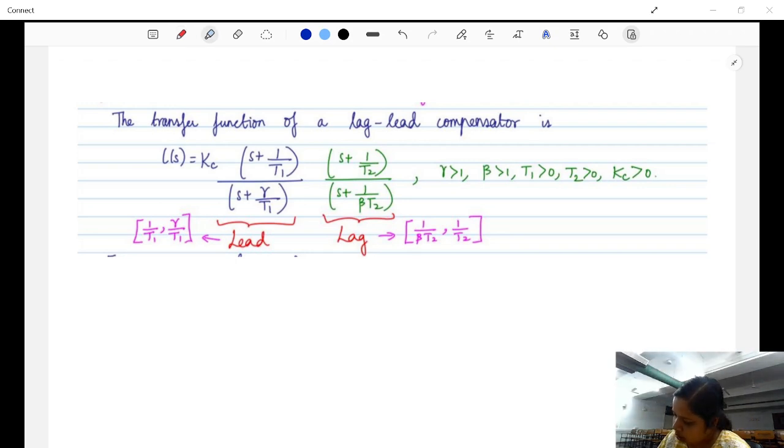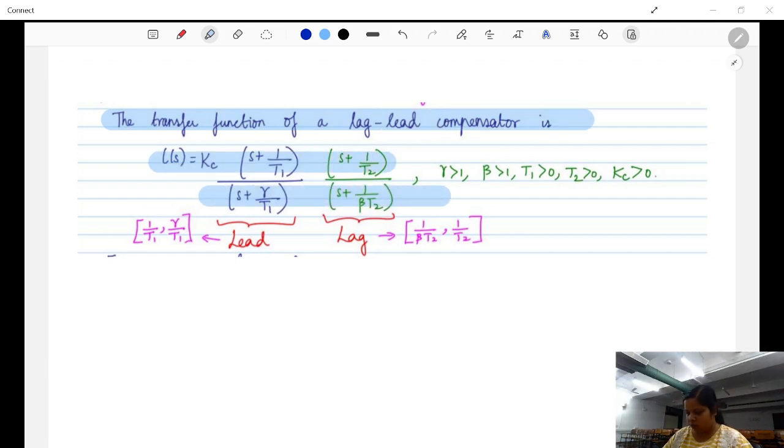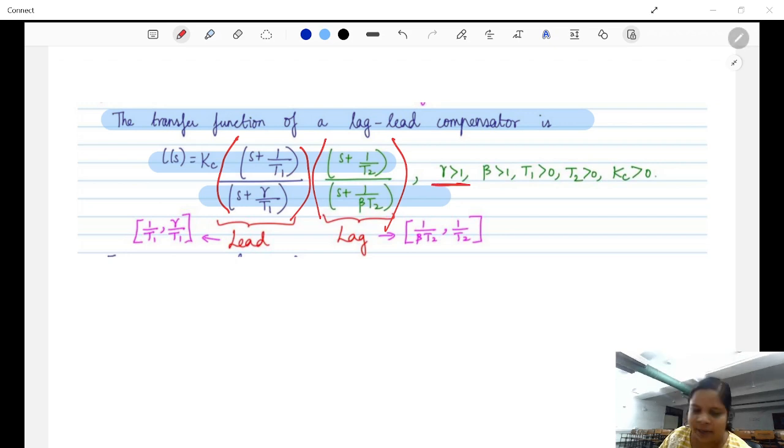The transfer function of the lead lag compensator is given in this way. You see this part comes from the lead compensator, and this part comes from the lag compensator. I hope this is very evident from the things that we read before this. It is just that you have gamma greater than 1 here.